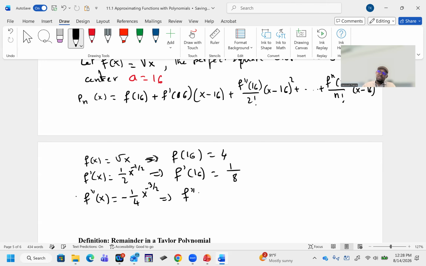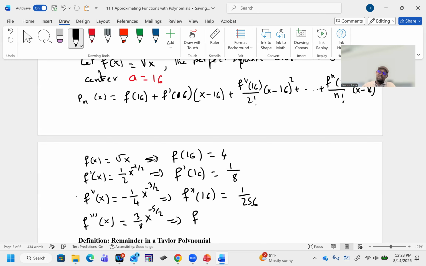So we will see the second derivative of f of 16 will be 1 divided by 256. And then finally, the third derivative of f of x will be equal to 3 divided by 8, x to the power of -5 divided by 2.